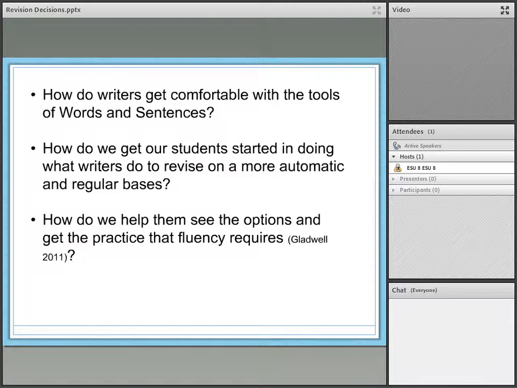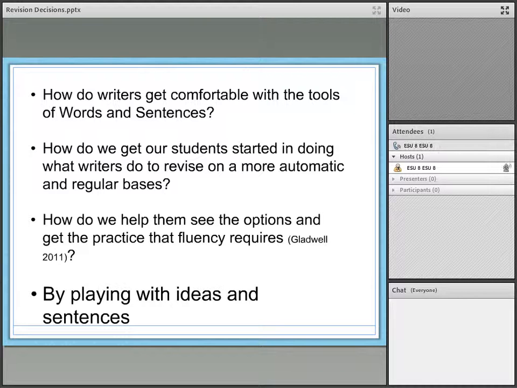And how do we help them see the options and get the practice that fluency requires? Well, there's a very simple answer for that. The answer is by playing with ideas and sentences. We have to allow our students to do this.